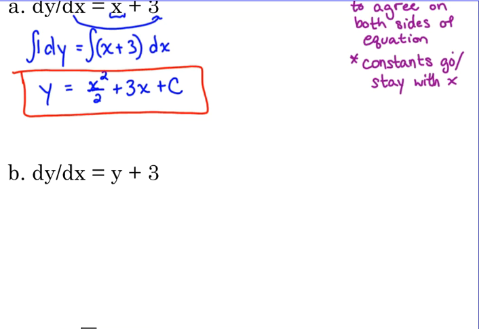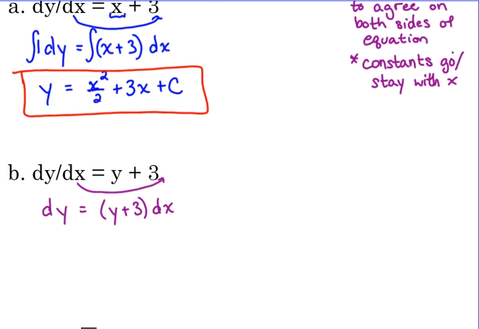On the right side, we have y. So here's what we're going to do. We're going to do what we did on the last problem. We're going to start by moving that dx, but the problem with that is that we don't have x's on that side. Right now we've got y on that side. So we need to move that y expression to the left side.